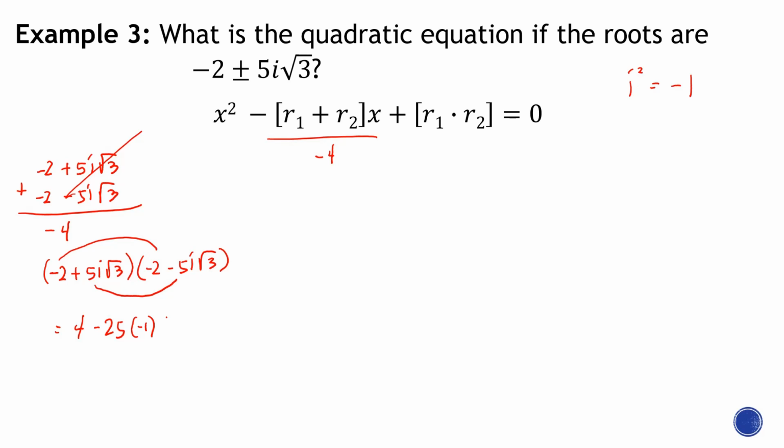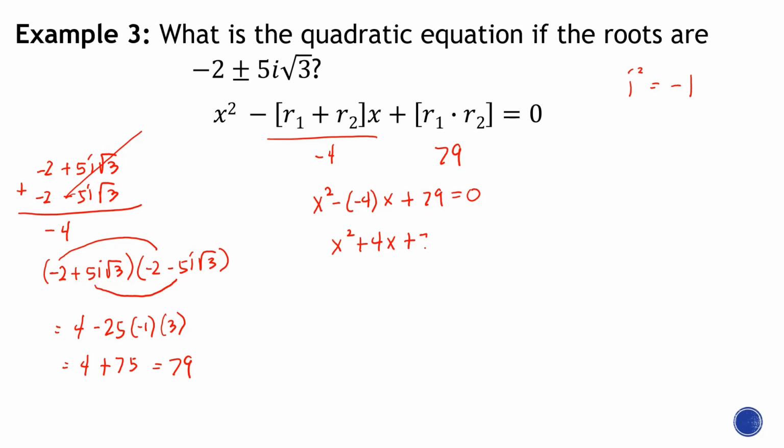Square root of 3 times square root of 3 is equal to 3. This gives us 4. There are two negative signs, so that will be plus 75, which is equal to 79. So this is 79. Therefore, the answer is x squared minus negative 4x plus 79 equals 0, which means this is equal to x squared plus 4x plus 79 equals 0.